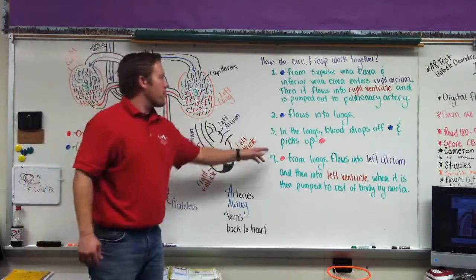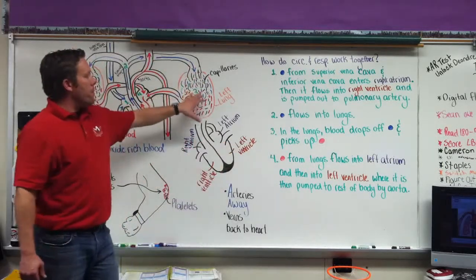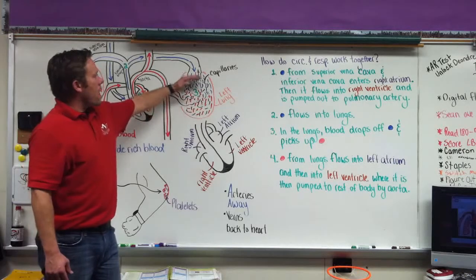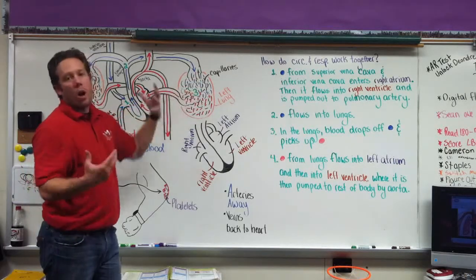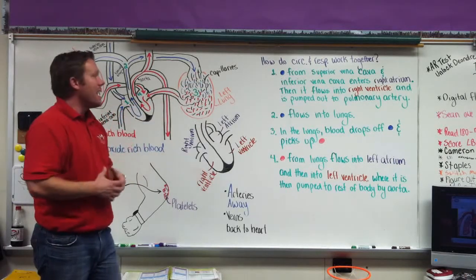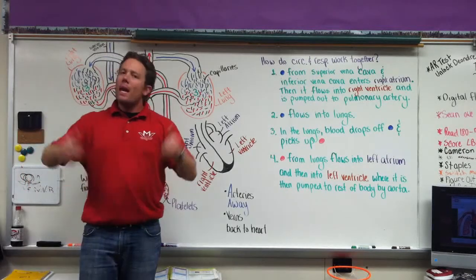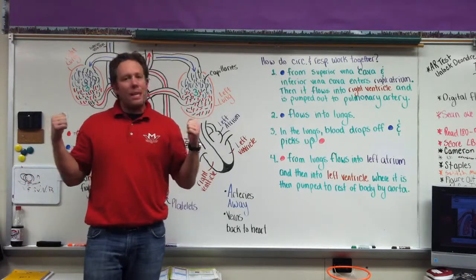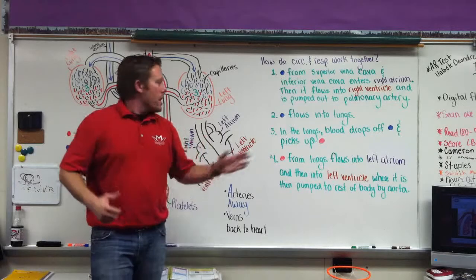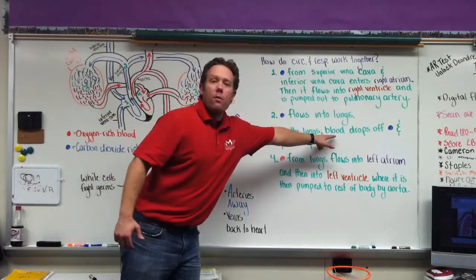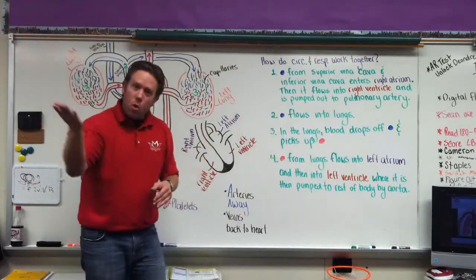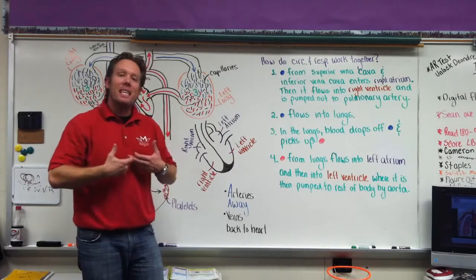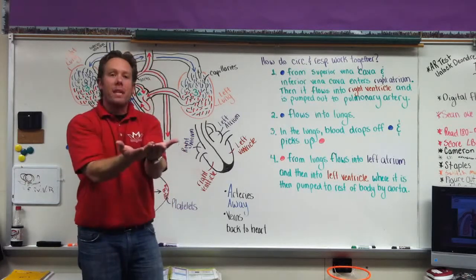Step number 3, in the lungs, the oxygen poor blood or the carbon dioxide rich blood gets dropped off. We talked a little bit about that in the respiratory system. This carbon dioxide rich blood goes through the walls of the capillaries into the alveoli and gets breathed out.